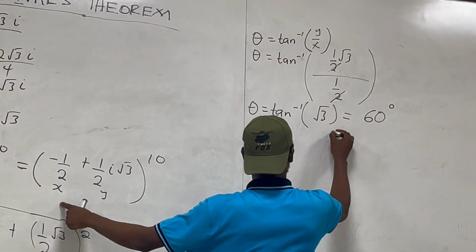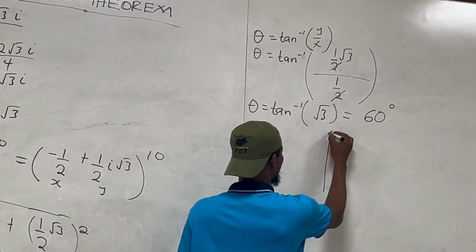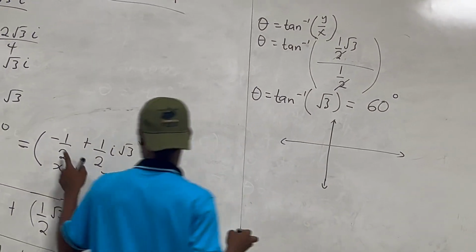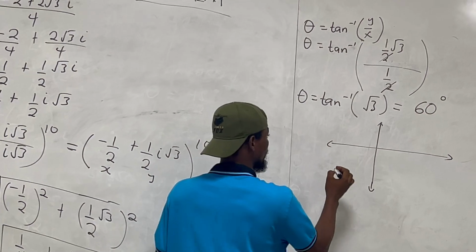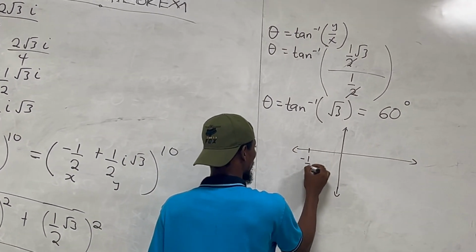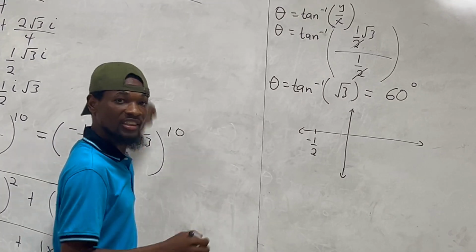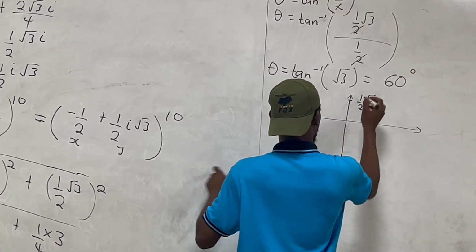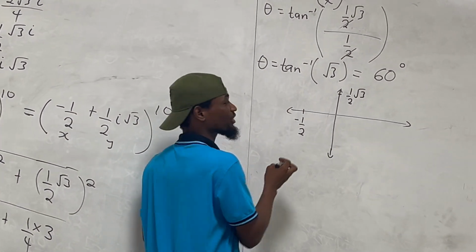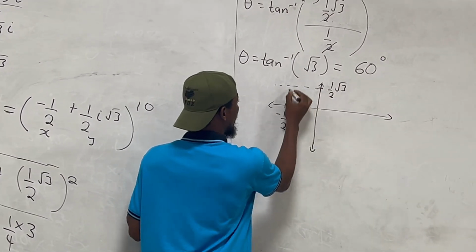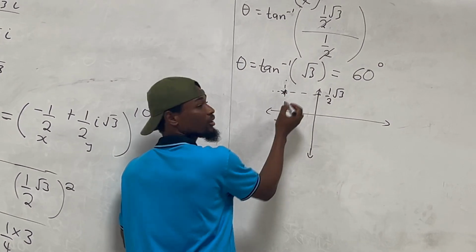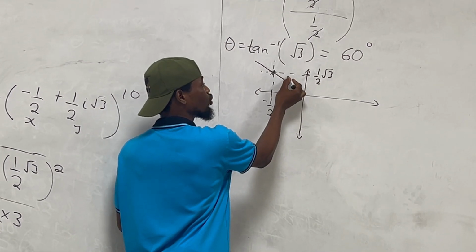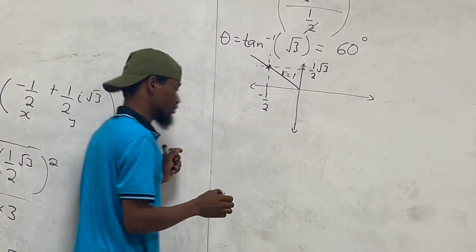So if I draw my complex plane this way, here I have negative 1 on 2 on the x-axis, then the positive imaginary axis, which is my y, say 1 on 2 root 3. Let's look for the point of intersection. I draw a straight line from the origin to pass through it, and that will be my modulus r, which is equal to 1.